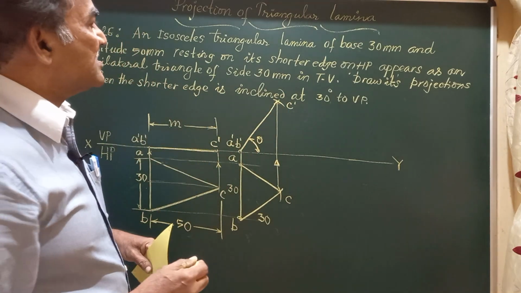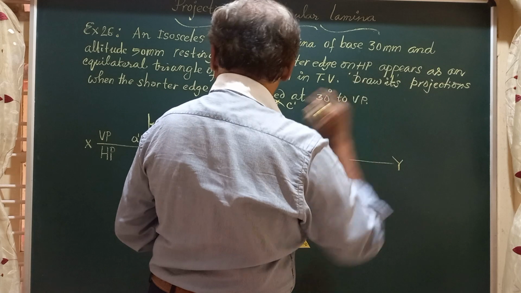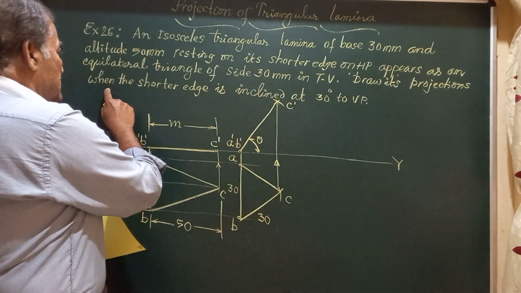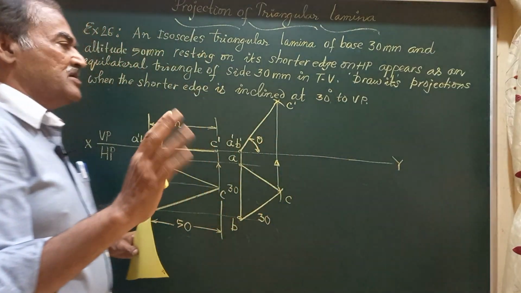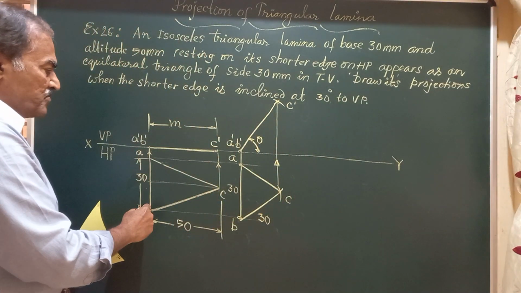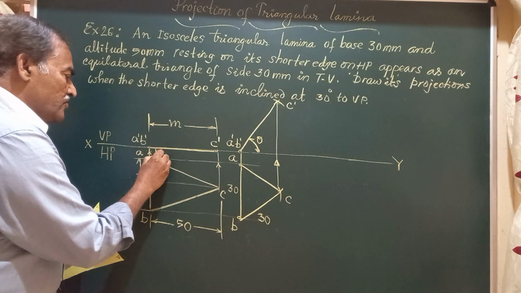Finally, in the question he says, draw its projections when the shorter edge is inclined at 30 degrees to VP. The shorter edge is AB, that AB was perpendicular to VP.